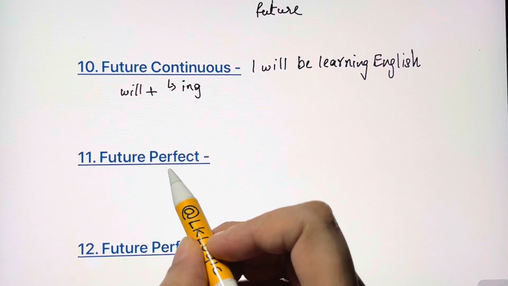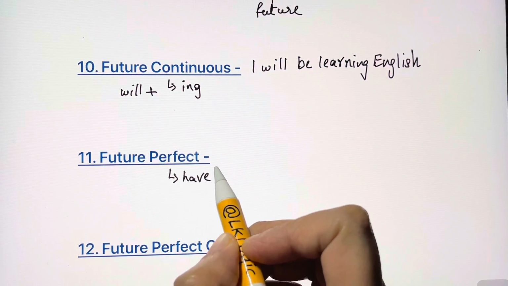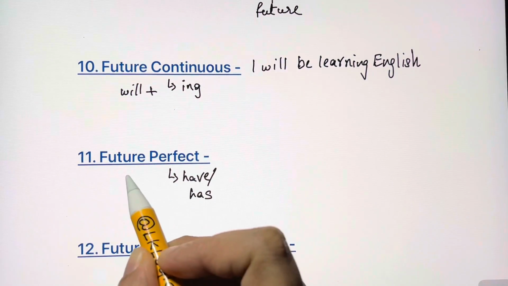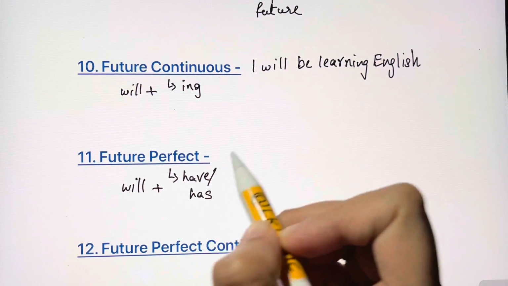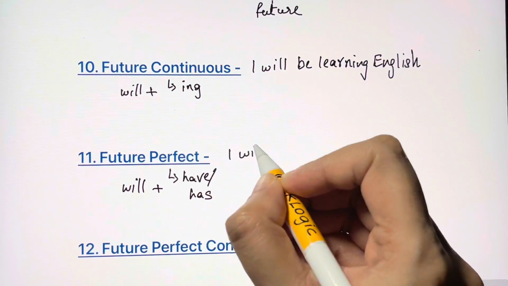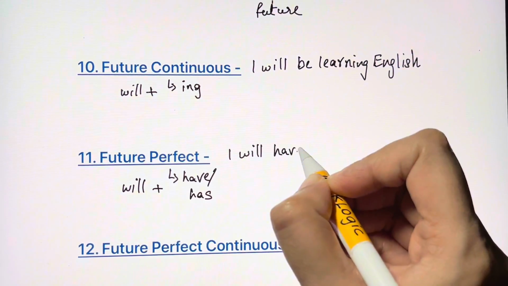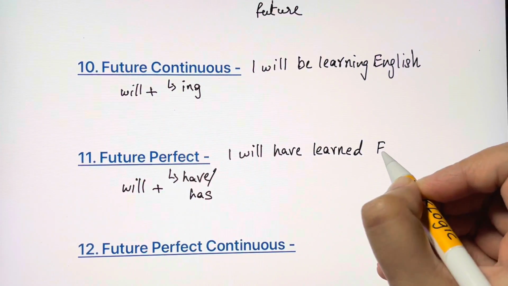Future perfect. Now as you have perfect, what are you going to add? Have or has, right? And since it is in future tense, you'll be adding will to that. Will plus have or has plus the verb. So what will be our sentence? I will have learned English.